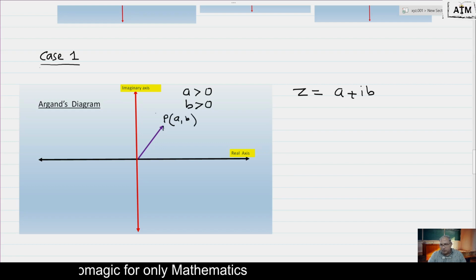From point P, draw a projection on the x-axis cutting at the point A. So we got the triangle OAP, and consider angle theta with respect to the positive direction of the x-axis. Now length PA equals b and length OA equals a.